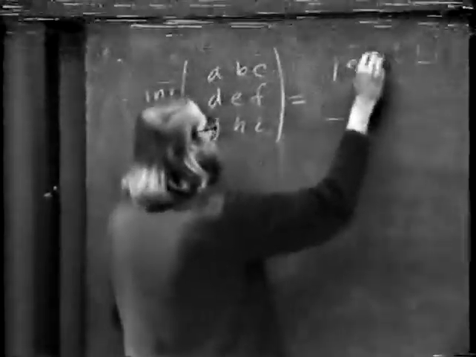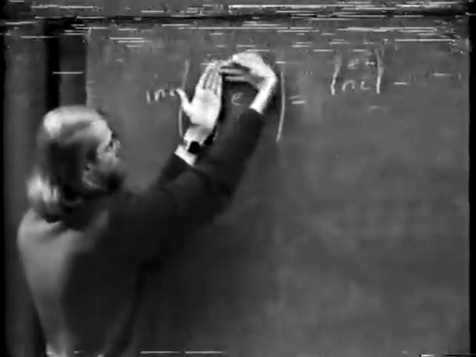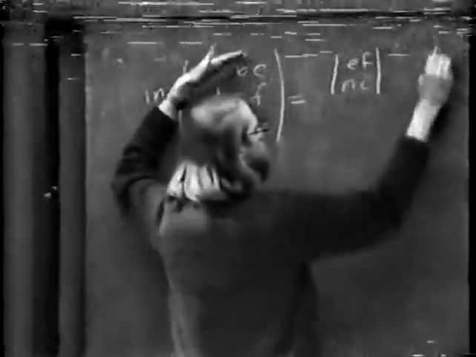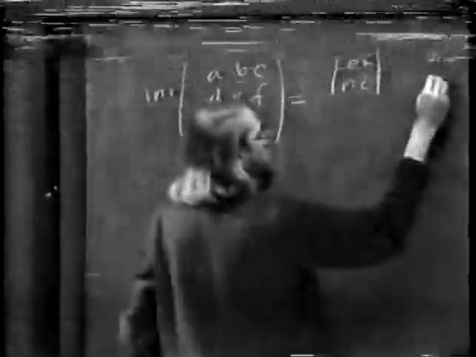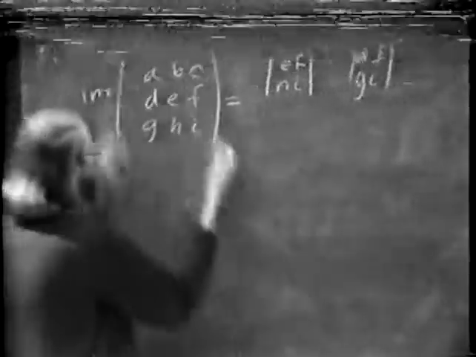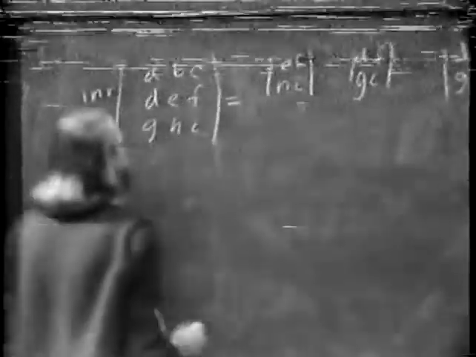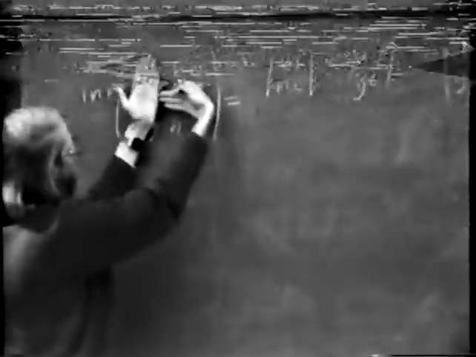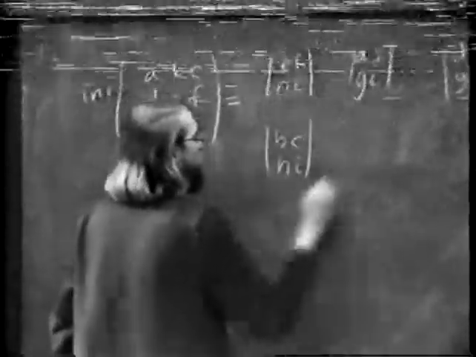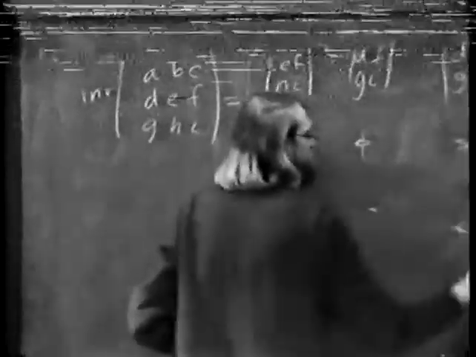So you replace A with the determinant of EFHI, replace B with the determinant of DFGI, replace C with the determinant of DEGH, replace D with the determinant of BCHI, etc., etc. So you get 9 of these numbers.